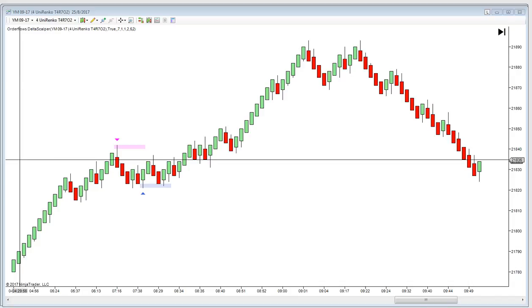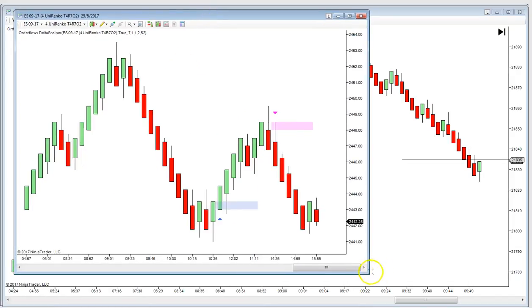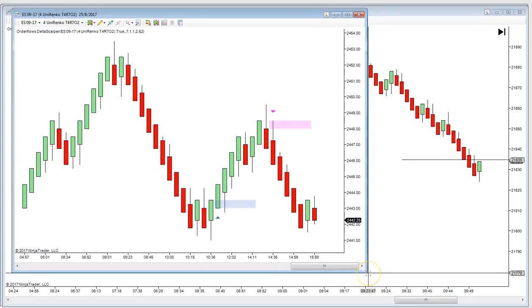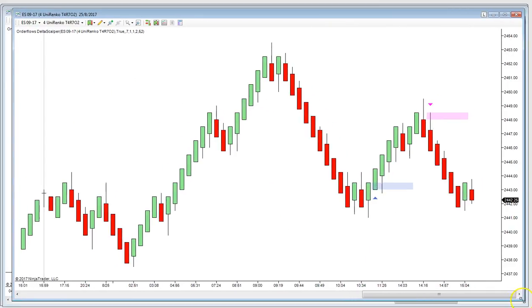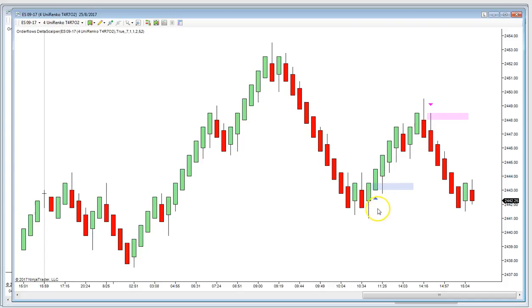Now, for example, E-mini S&Ps, kind of quiet. I'll say quiet today, with a 10-point range for the most part, roughly. Were there signals early? No, but you had a nice buy here and a nice sell here.